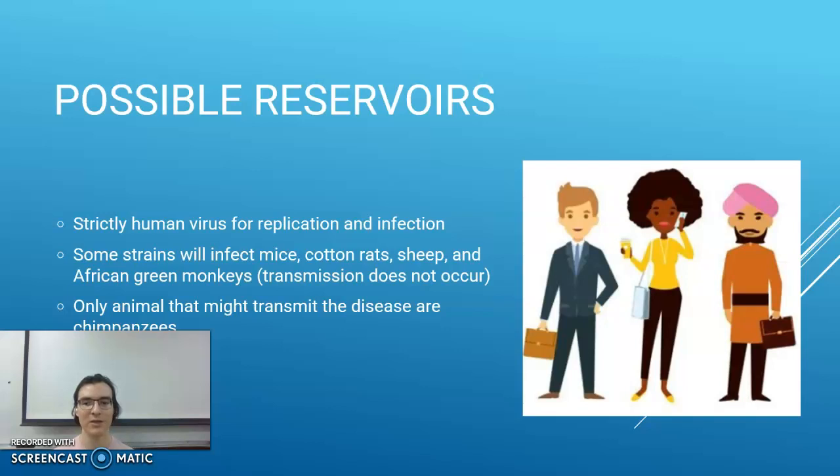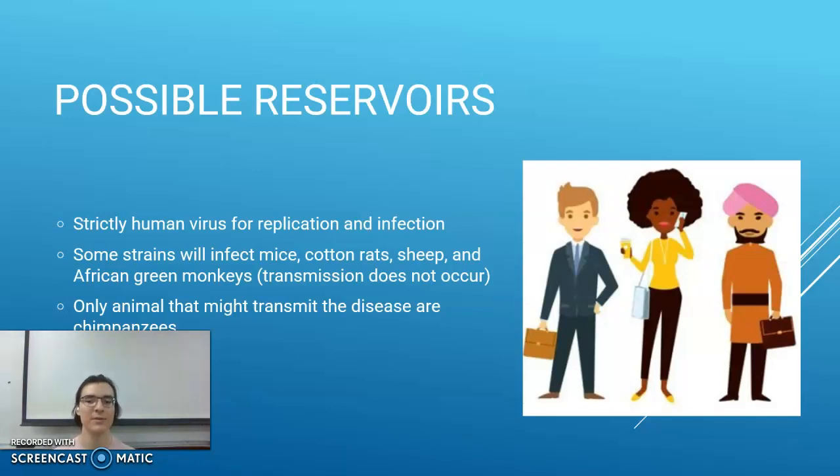Normally, transmission doesn't occur after infection, but as you can see here, animals such as mice, cotton rats, sheep, and African green monkeys have been known to be infected with some of the strains of RSV. And the only animal that has the ability to transmit the disease would be chimpanzees.